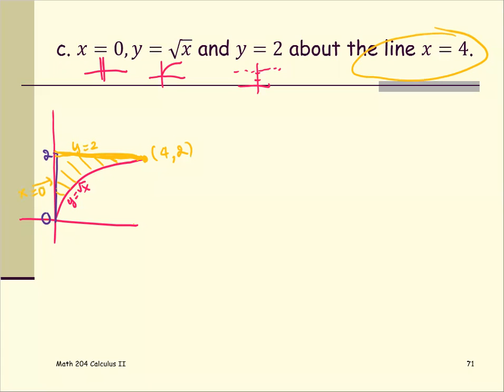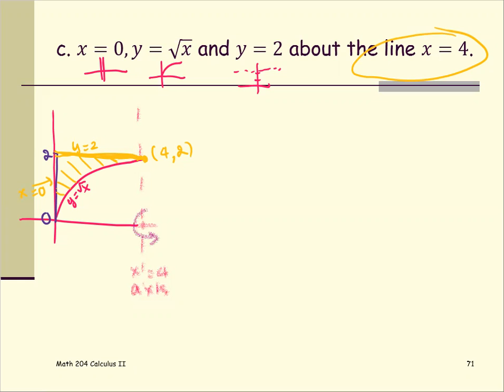Now, the axis of revolution at 4, so this is x equals 4, and we call it the axis of revolution. When we do the rotation or revolution, we go about the axis of revolution.